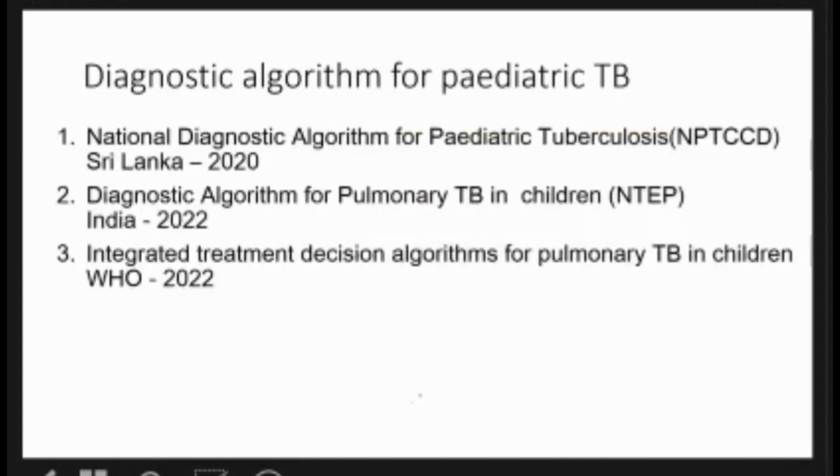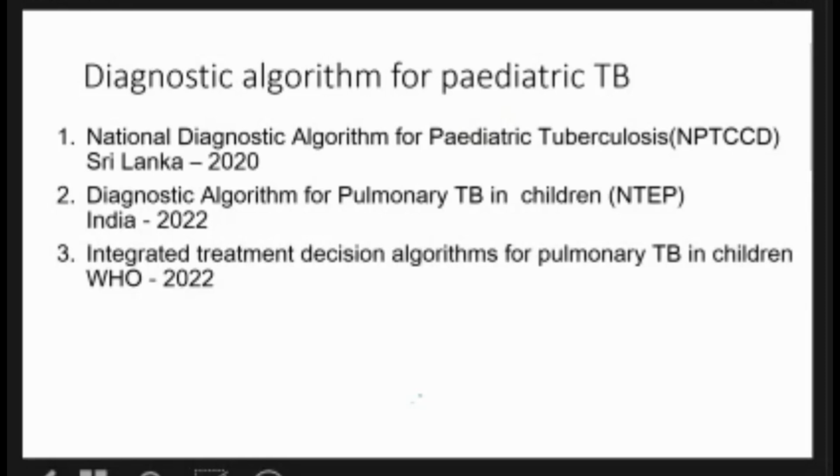So the diagnostic algorithm is very important in pediatric TB. So I would like to discuss 3 algorithms which we can use to diagnose TB. First of all, the National Programme for Tuberculosis Control and Chest Diseases, Sri Lankan guideline, which was published in 2018, and the algorithm was published in 2020.